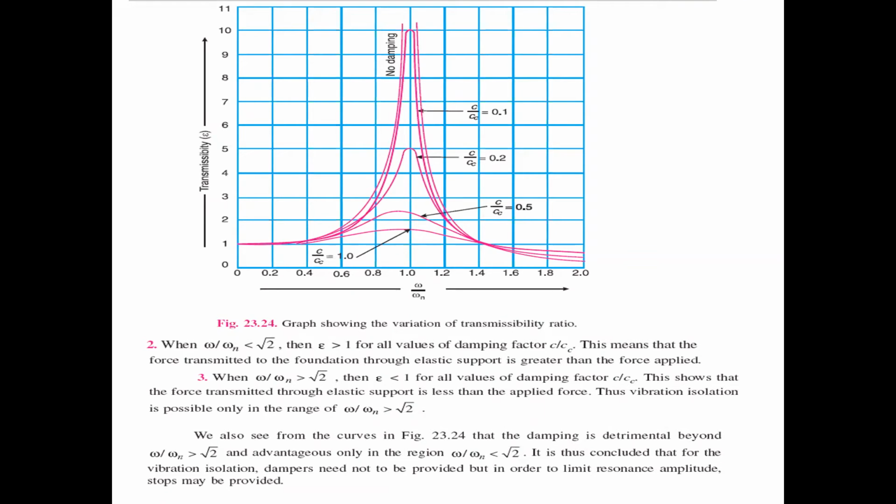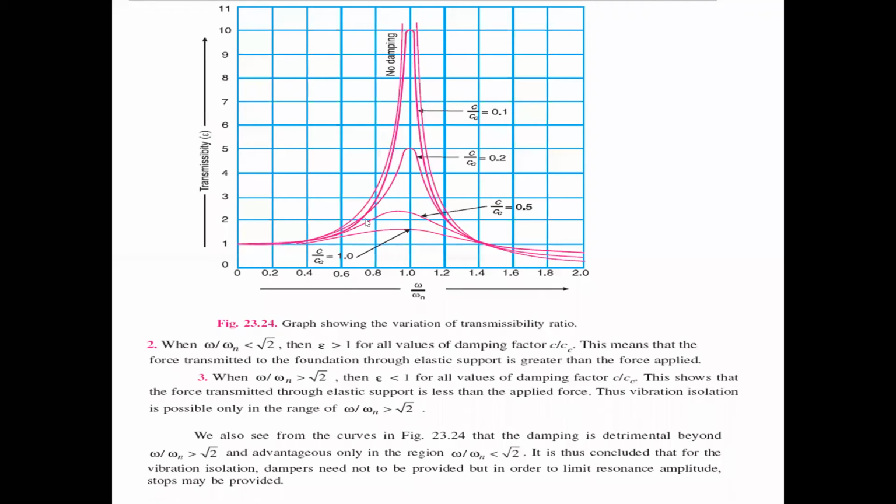When the magnification factor or damping factor equals 0.1, how do we achieve the amplitude values? When the damping factor is 0.2, and 0.5, and similarly the damping factor is also taken to be 1, those are also given in our particular representation.